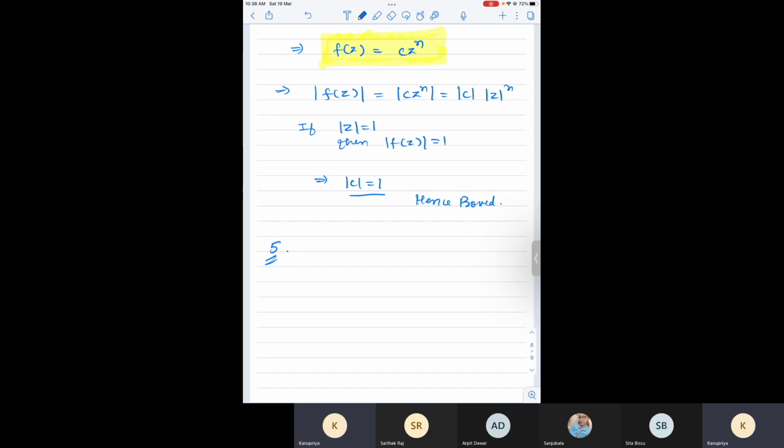So determine the singular points and type of singularities of the following functions. The fifth question is we have to determine what is the singular point? But what do you know about the singular points? The topic singularities has been covered in the class, right? Yes, ma'am. So what is the definition of singularity?